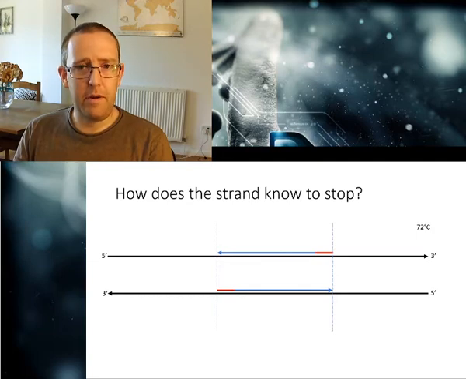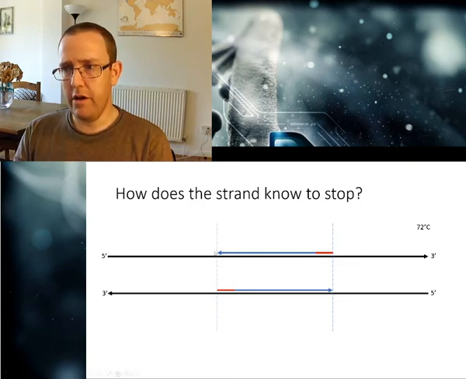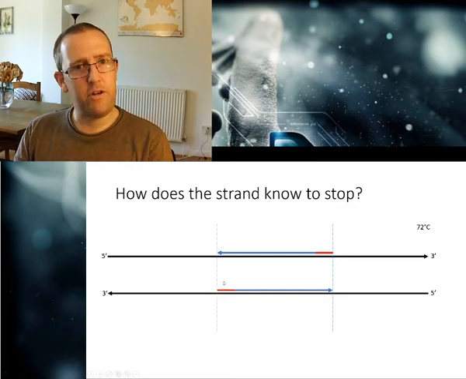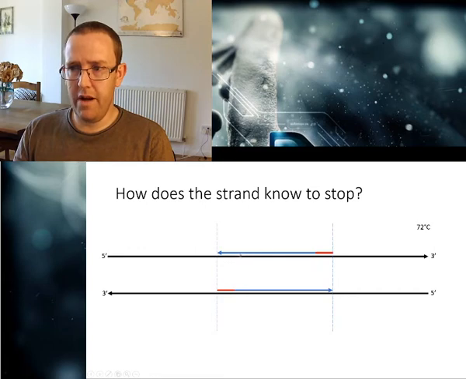So it's coming from the 5' end of the primer down towards the 3' end, and why does the polymerase suddenly magically know to stop there, when actually there's no relationship? These two are separated. So the primer binds here, the polymerase starts to build the strand, and it gets to this point.